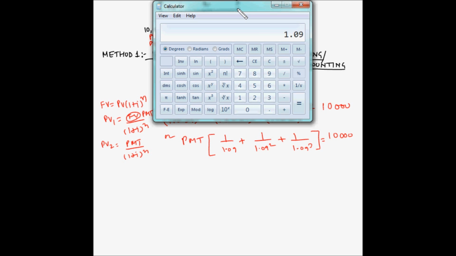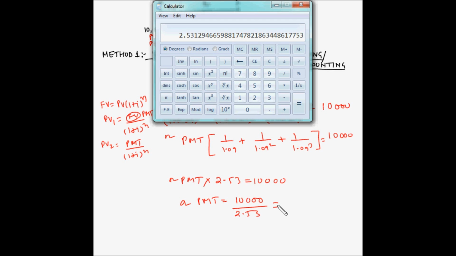Calculating this sum, or PMT into 2.53 is equal to 10,000, or PMT is equal to 10,000 divided by 2.53, which is 3952.57 rupees.